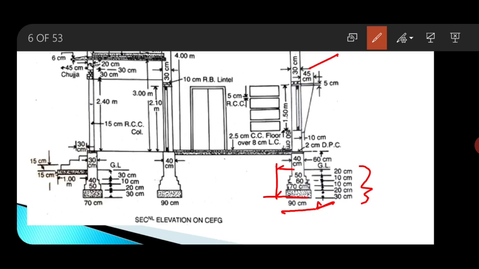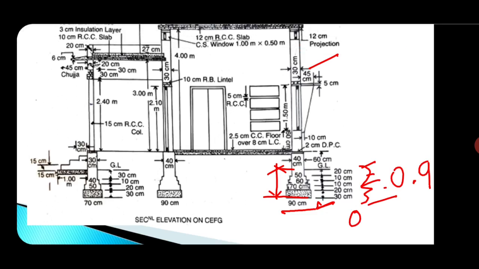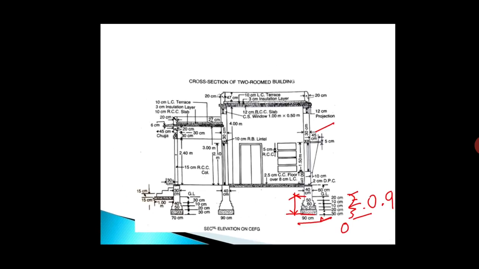This is the total depth of excavation, which is equal to 20 plus 10 plus 10 plus 20 plus 30. So this will give you 0.9 meter. Clear? The total depth of excavation is 0.9 meter.